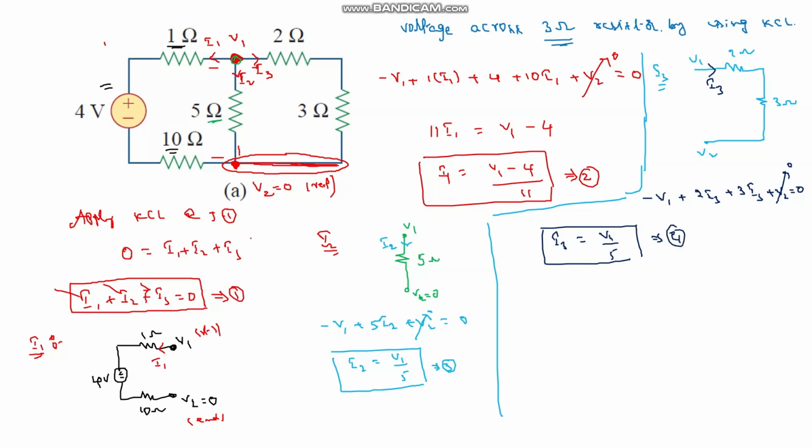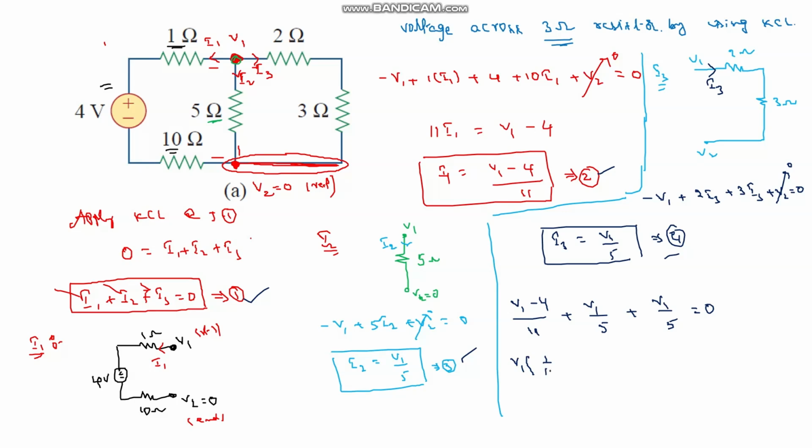Now substitute equations number 2, 3 and 4 in equation number 1. After substituting these three equations in 1, we will get (V1 minus 4) divided by 11 plus V1 by 5 plus V1 by 5 is equal to 0. Okay, simplify this equation.